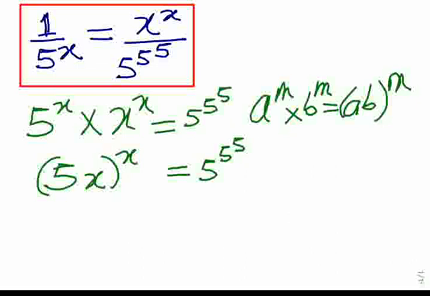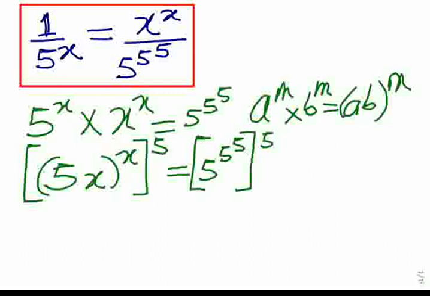Next, we're going to carry out a manipulation here. Since the base is 5, what we're going to do is to multiply both sides by a power of 5. So this is multiplied by a power of 5 and this also multiplied by a power of 5. Next, let's remember the quotients of power rule.